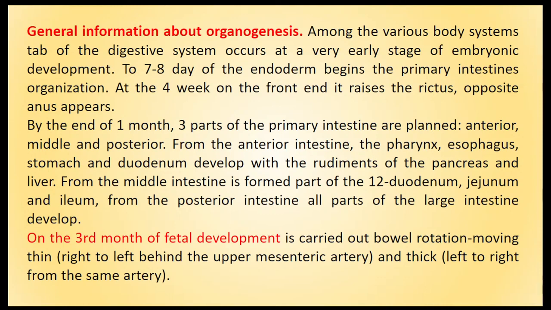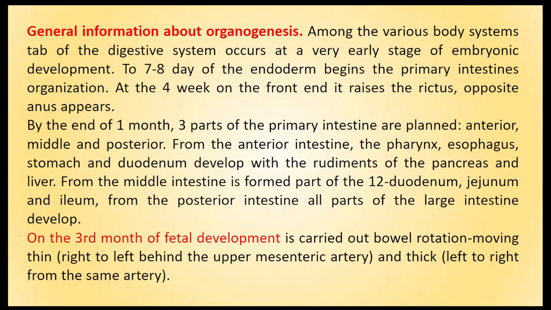When does organogenesis of the digestive system start? Among the various body systems, the digestive system starts at a very early stage of embryonic development. At 7 to 8 days, the endoderm begins to form the primary intestine. At 4 weeks, at the front of it, the rectum and anus appear.